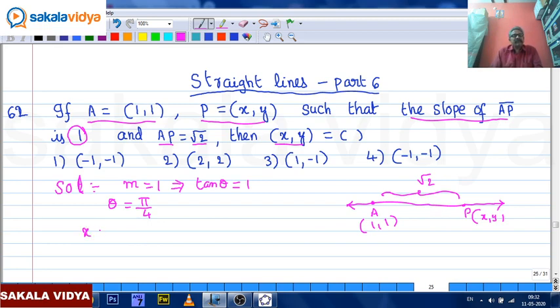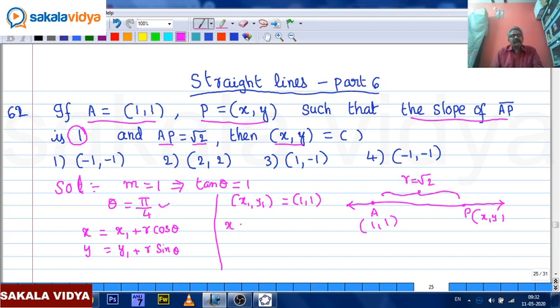So x is equal to x1 plus r cos theta, y equals to y1 plus r sin theta. It's very clear that x1 comma y1 is equal to 1 comma 1, and r is root 2. Already theta is known. Substituting, x is equal to 1 plus root 2 times cos 45, which is 1 by root 2.